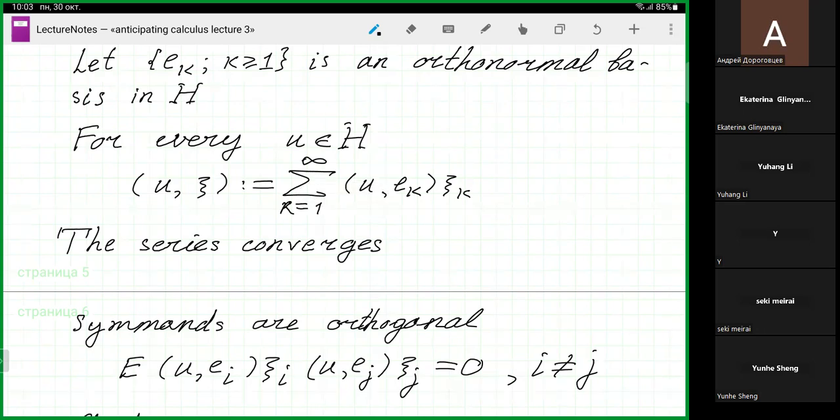But Xi itself does not exist. It has only traces, its scalar products with different elements u from H. It looks like the cat from the book about Alice in Wonderland, where there is no cat. There exists only his smile.